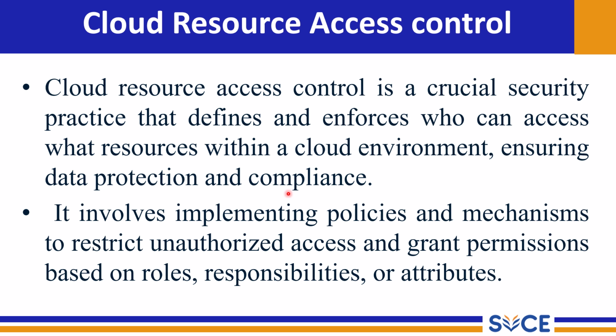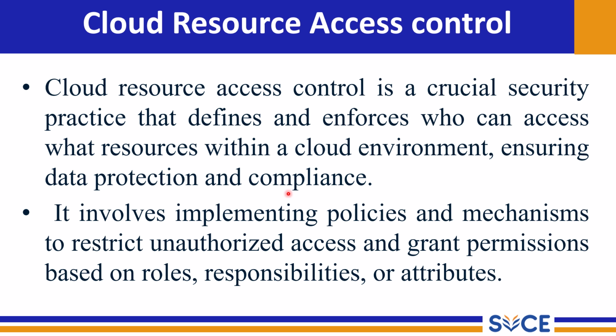Next, authentication versus authorization. Authentication verifies the identity, for example through a password, multi-factor authentication, or single sign-on. Authorization determines what actions an authenticated user can perform. Principle of least privilege: users should only have the minimum permissions necessary to perform their job.